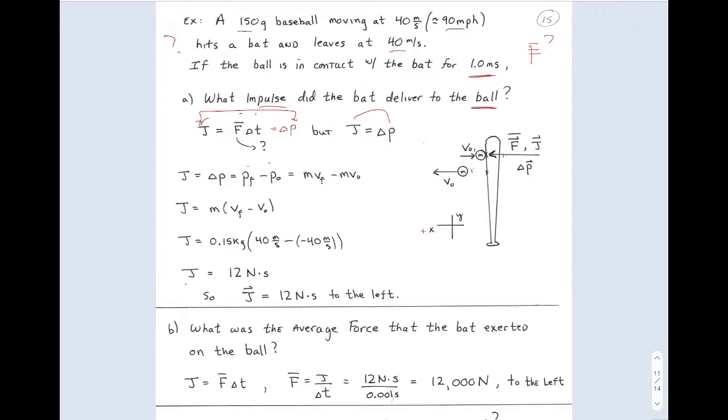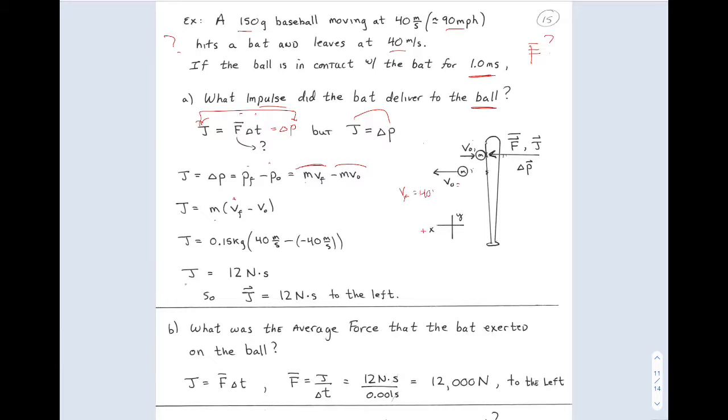So again, for this problem, here's my coordinate system. The change of momentum is P final minus P initial, so I factor out the M. My final velocity is 40, and I said it goes in and out with the same speed.